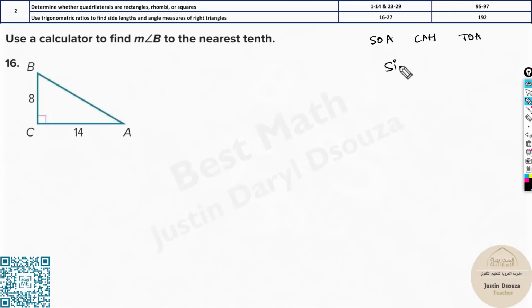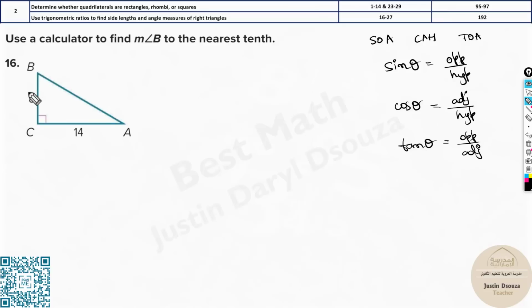Or you can just remember sine theta is opposite by hypotenuse, whereas cosine theta is equal to adjacent by hypotenuse. And lastly, tan theta is opposite by adjacent. So these are the three formulas, very important.